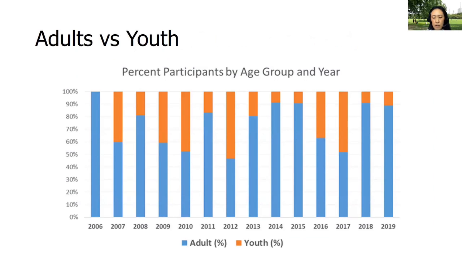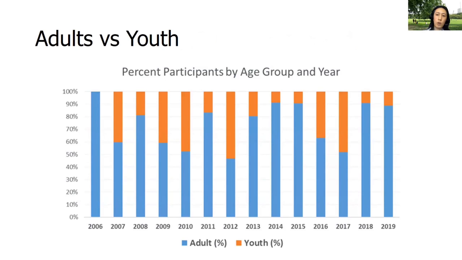Some examples of the contact results were that there was a divide between adults and youth. A lot of times our extension programming is geared toward adult audiences. However, there have been years where programming has been targeting some of the youth audiences in our communities.